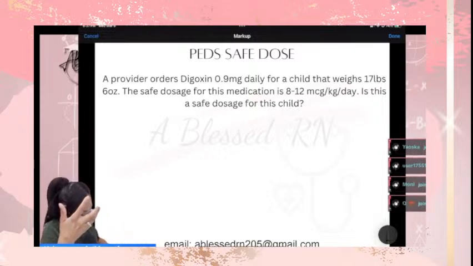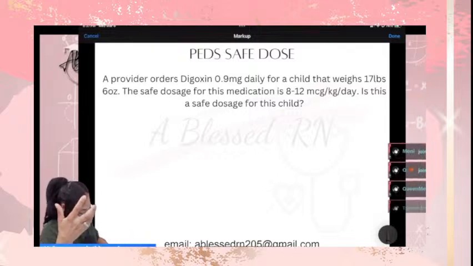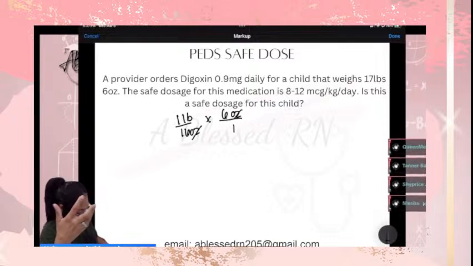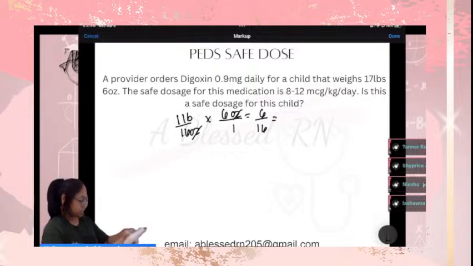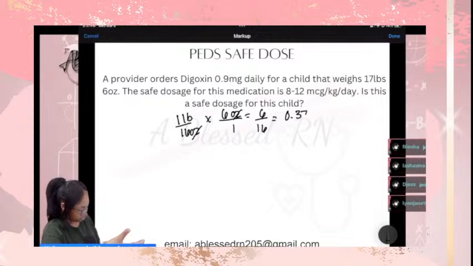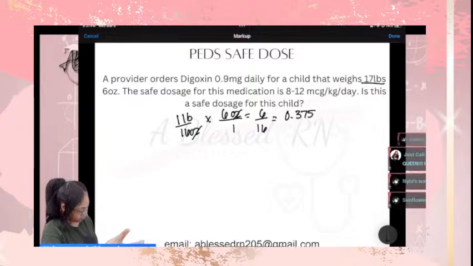Remember we took our 1 pound over 16 ounces, and then we did our 6 ounces, and the ounces crossed out, so that's 6 divided by 16. That's going to be 0.375. So we'll add that to your 17 pounds.